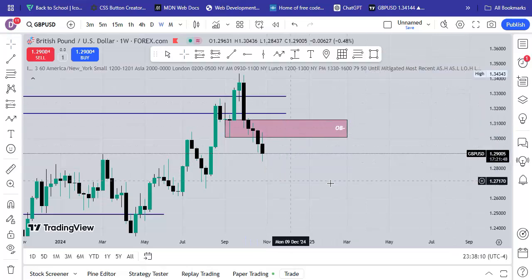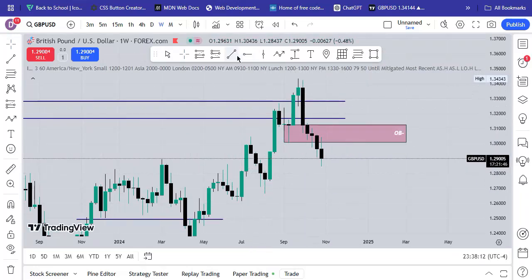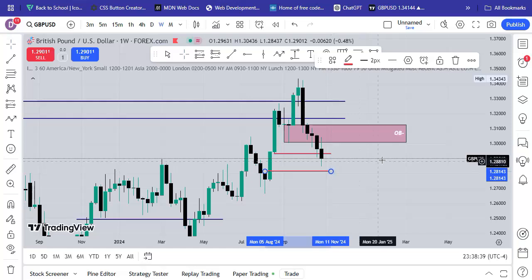Okay, so this is a fair value gap towards the left side right here. This could serve as a push for our price to want to buy.